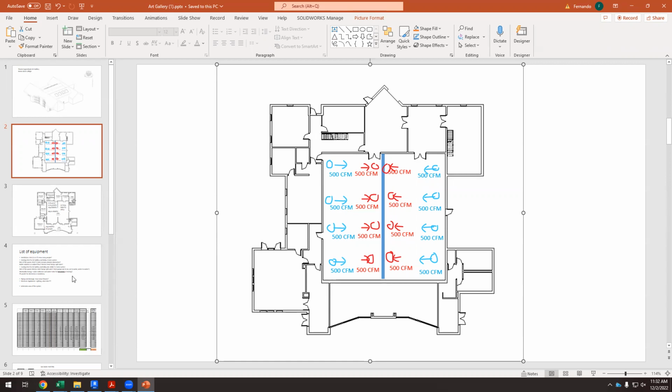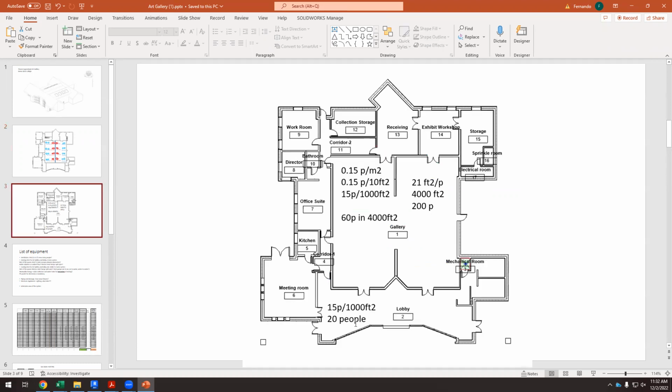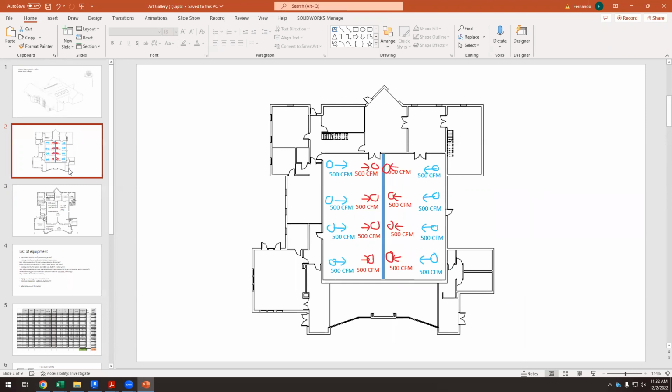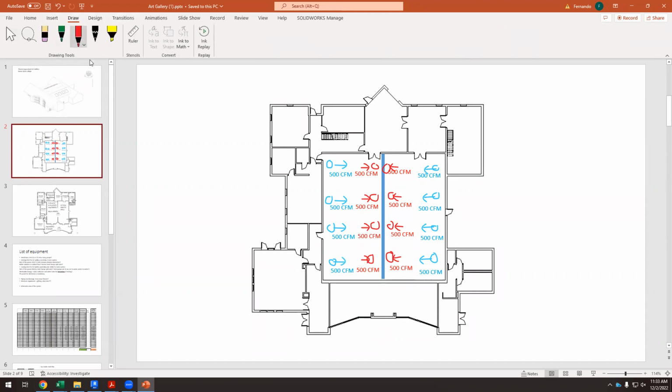What about the lobby? So in the lobby, we have like 20 people maximum times 20, it's 400. So if we have 400 people in the lobby, and 400, sorry, CFM, 400 people, 400 CFM. If I have 1, 2, 3, and 4, so it's 100 each for supply and return. Okay, so we can do the same here.